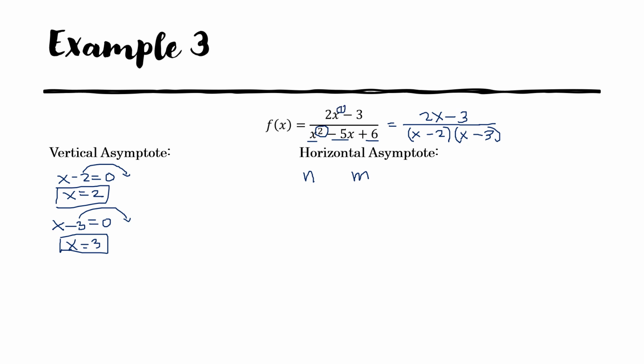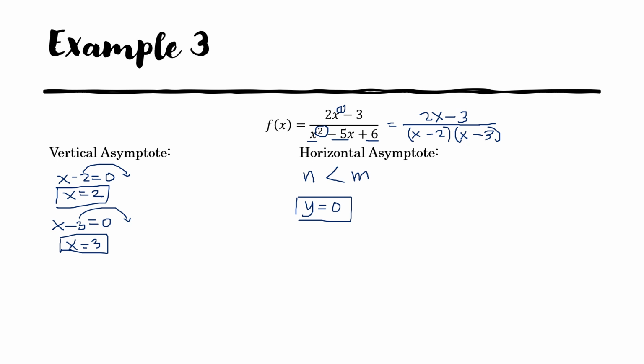Therefore, n is less than m. Mas malaki yung nasa ibaba. So if we have a higher exponent at the denominator, therefore our horizontal asymptote is y equals 0.